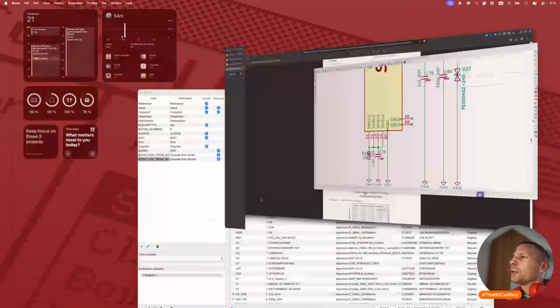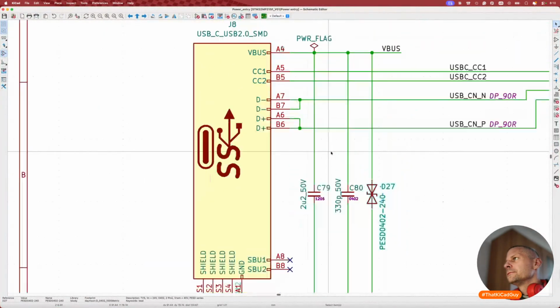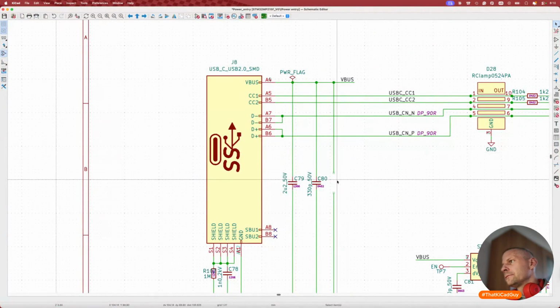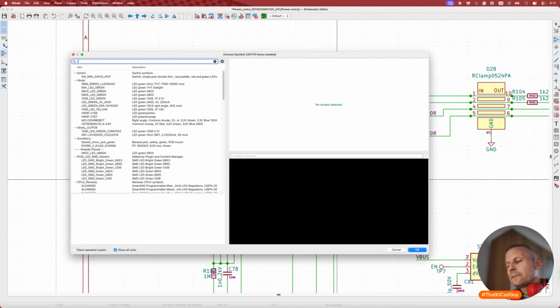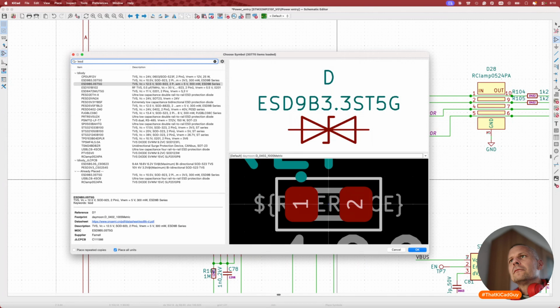What's the name? 24. There is some capacitance of the ESD diode.